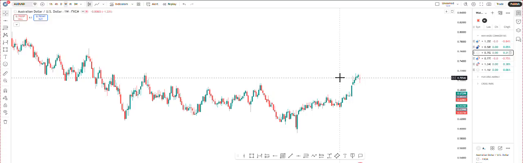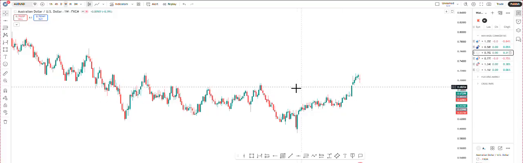Now, due to what is happening in the Middle East, many people just want to safeguard their portfolio. This has happened over and over again. But currently we are not just going to sell the Australian dollar and keep quiet. What we'll do is look for a demand area for now.